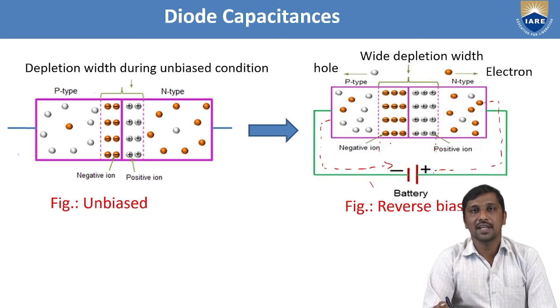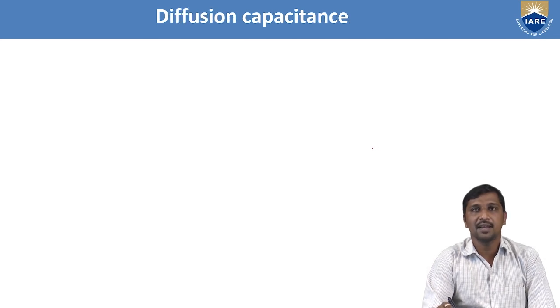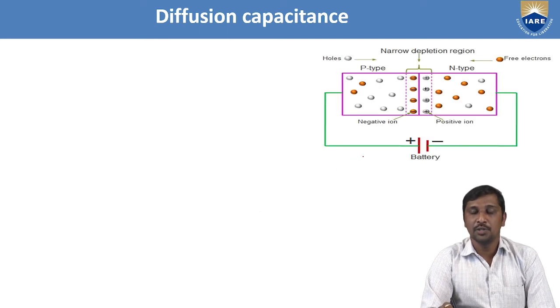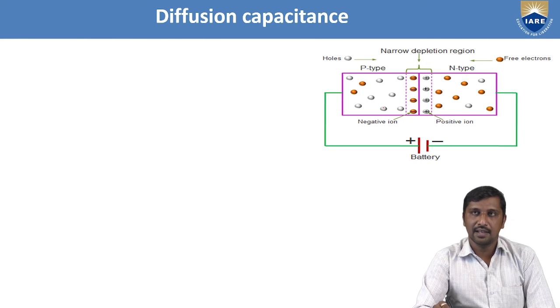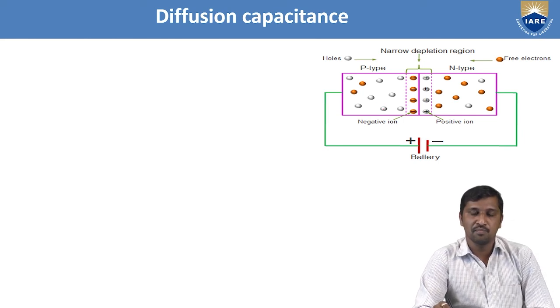There are two types of capacitances here. One is diffusion capacitance, and the other is transition capacitance. The diffusion capacitance is observed in the forward biased p-n junction diode. So hence, I use this forward biased p-n junction diode. And in this case, let us take the movement of minority charge carriers.